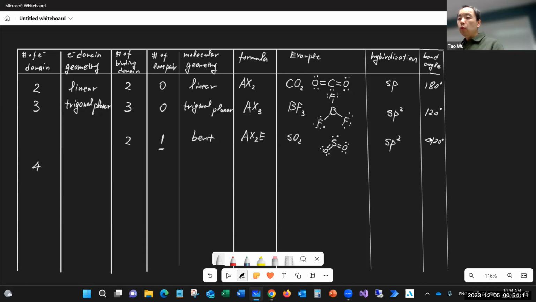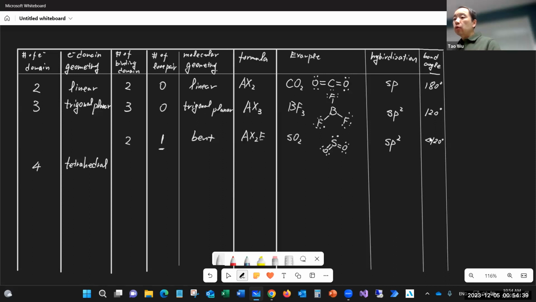Let's talk about 4. If we have 4 electron domains, then that's just like this. It's called the tetrahedral. So tetrahedral, this is a 4 electron domain.